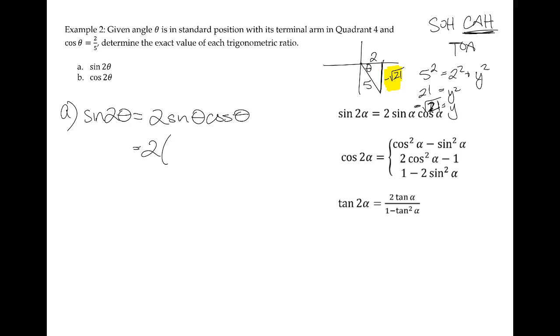So I'm going to write that in its place. And I know the value for cos, we're told in the original question, is 2 over 5. From here, we're going to multiply this all out, and my final answer would be negative 4 root 21 over 25.